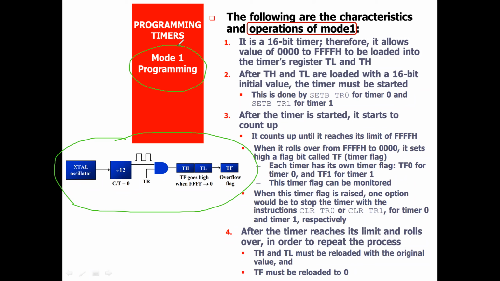Let us take mode 1, which is very widely used. Mode 1 is a 16-bit timer. If you want, you can check the TMOD register and see that mode 1 is a 16-bit timer. That's why we use both registers completely. The lowest value will be 0000 and the highest value will be FFFF.